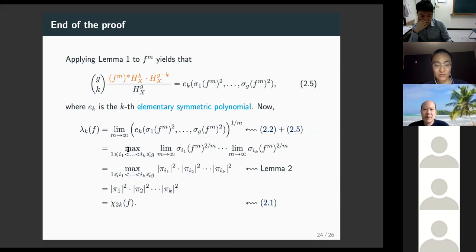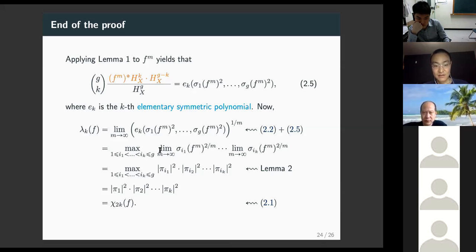And then this is equal to the maximum over all choices i_1, i_2, ..., i_k of the limit of the product of those limits. This is basic, I think this is just using some basic analysis. So the limit of those sums. Because this is an elementary symmetric polynomial, it's the sum of those monomials. And then the limit, when you take the mth root, is equal to the maximum of all products.